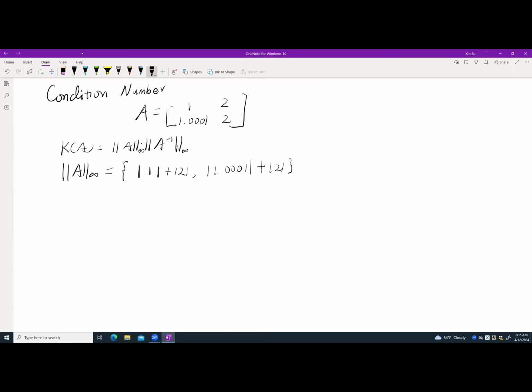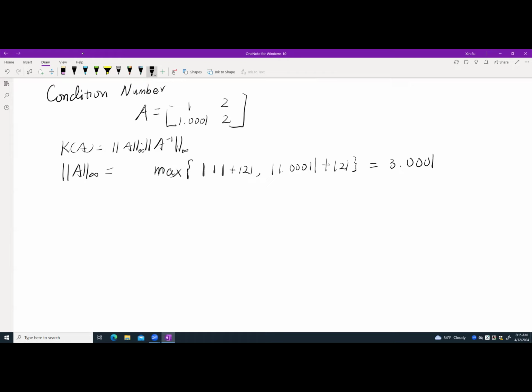And if we take the maximum, here we need to take the maximum among these, because this is the infinity norm. So taking the maximum, this number should be 3.0001, and this is the A infinity norm.